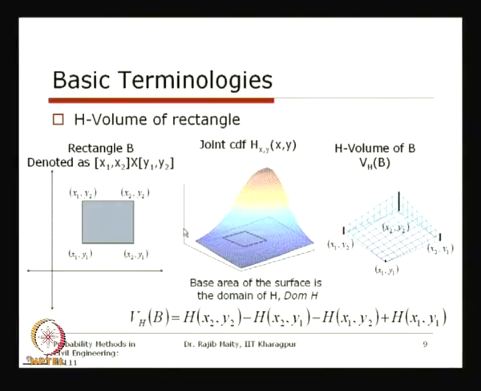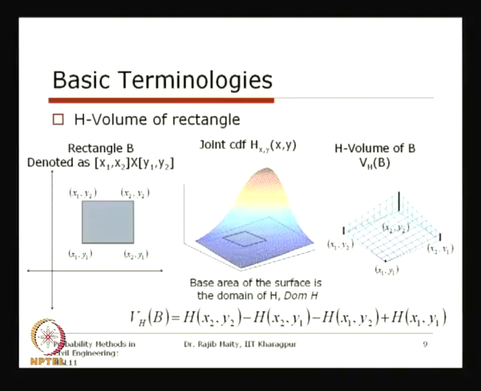So this is your H, x, y axis, and here it is 0, and this line should be written as 1, which is missing in this figure, but you can easily make out that the starting point is 0 and it goes up to a maximum value of 1. So this surface that you can see is the joint CDF function in a two-dimensional case.